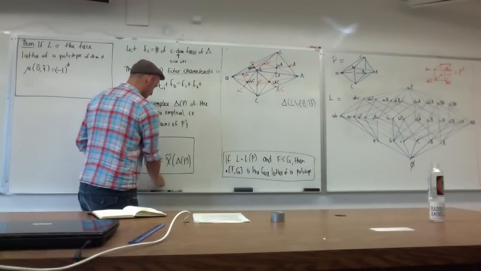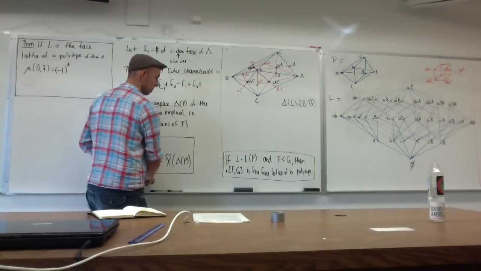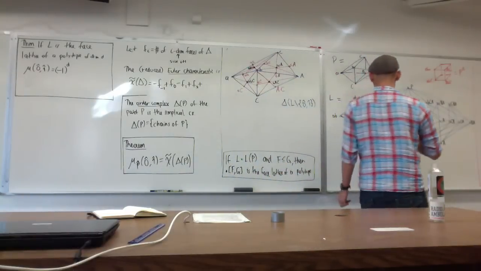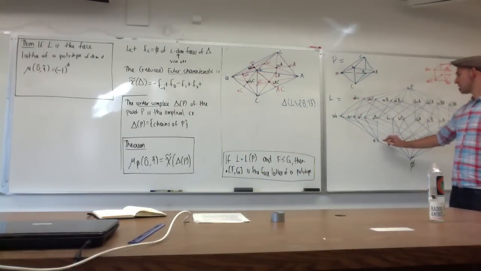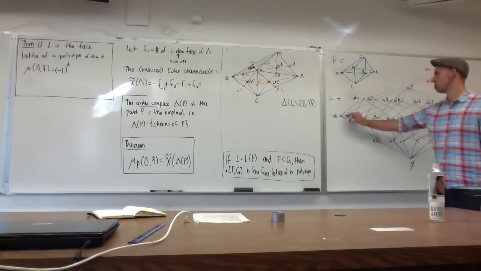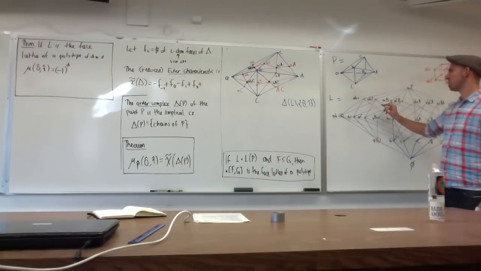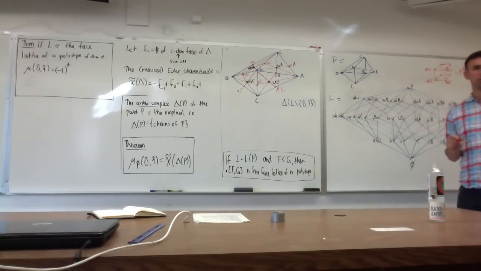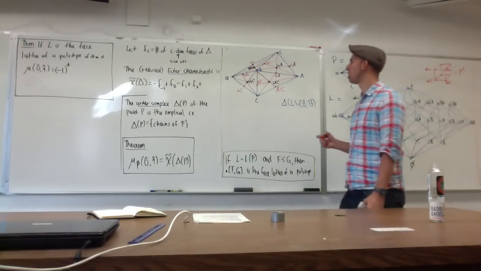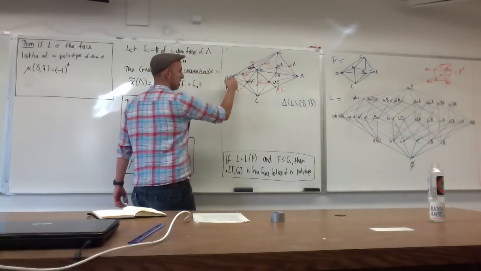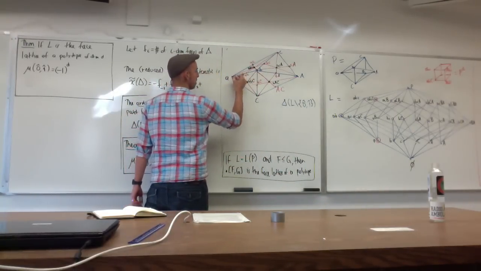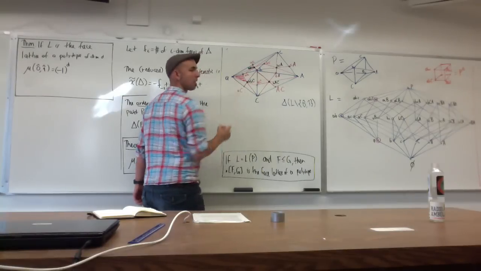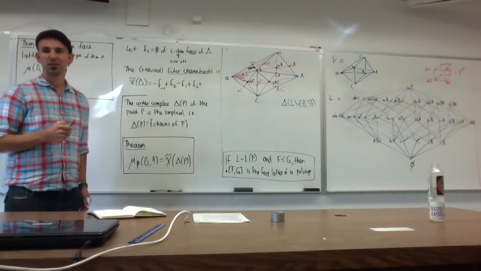Okay, now where are the chains? For example, if I take a chain from A to AB to AB capital C, it's that way, right?